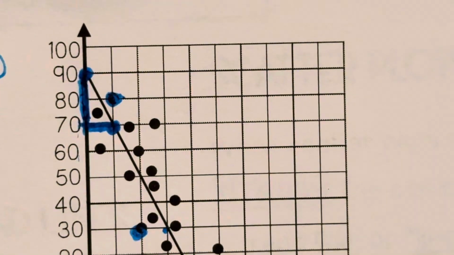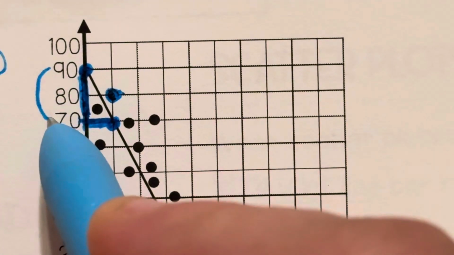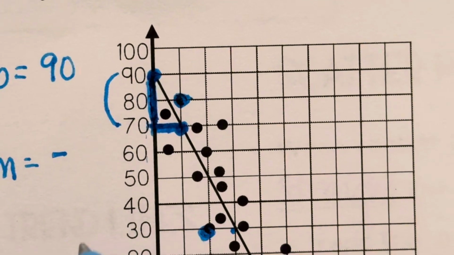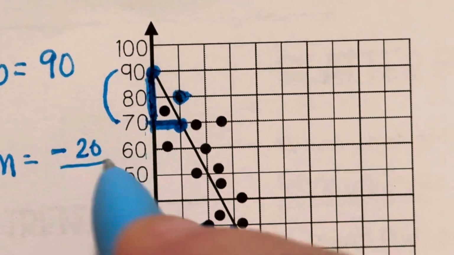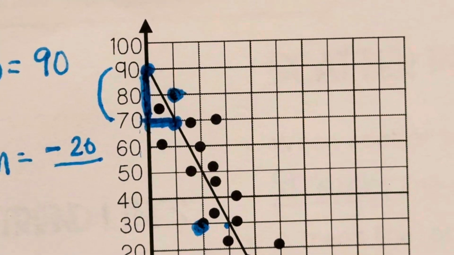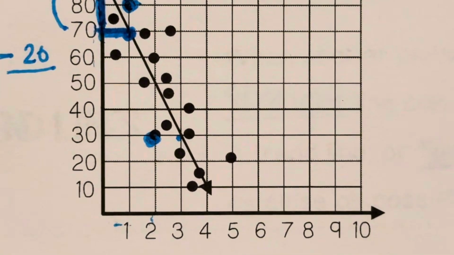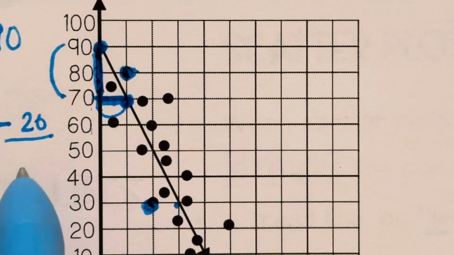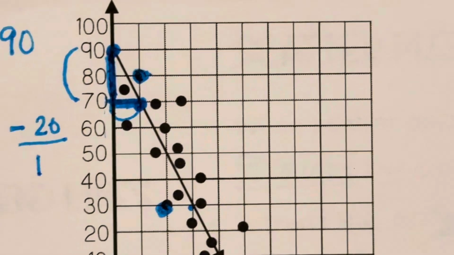Yes? So she's going from 90 to 70. So she's decreasing by 20. Okay? And then the run, if you notice on the bottom, your x-axis, they are just counting by ones. So this is just a jump of 1, so 1 is going to go on the bottom.